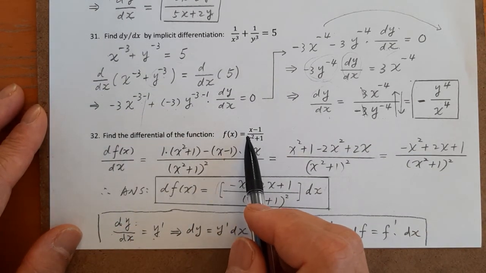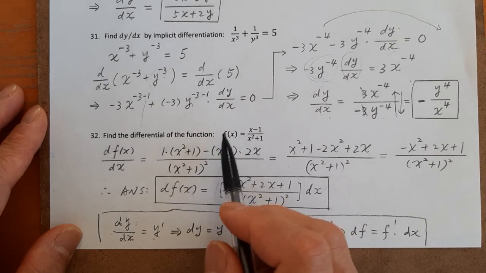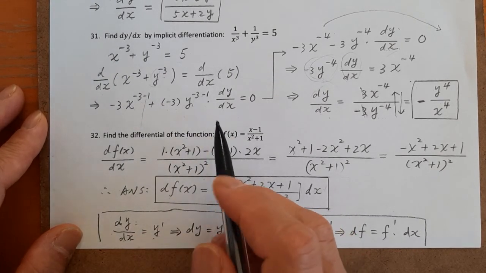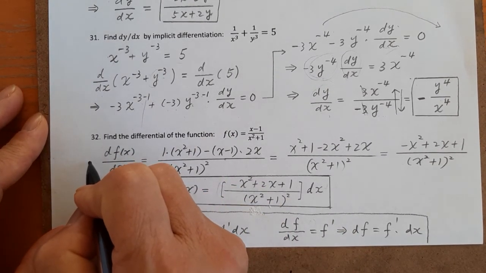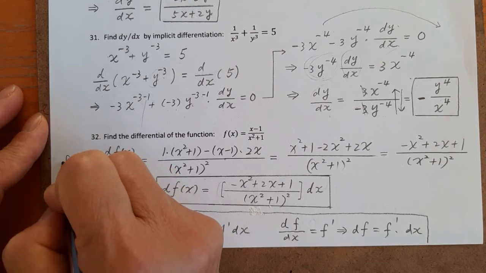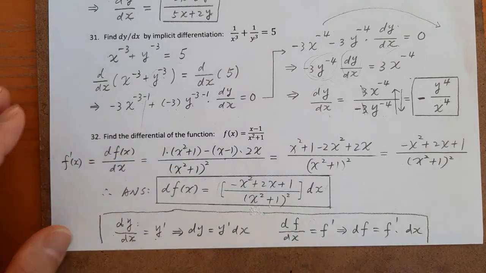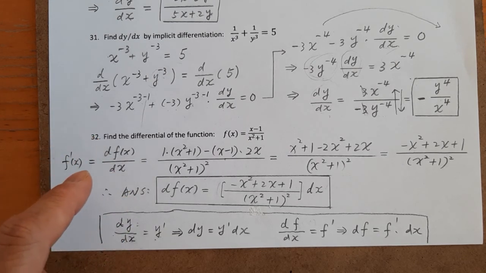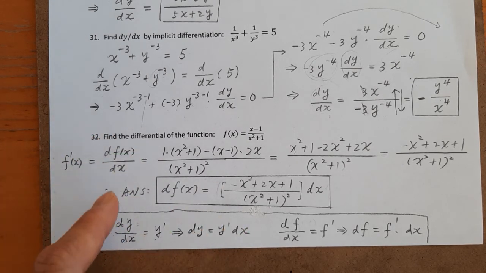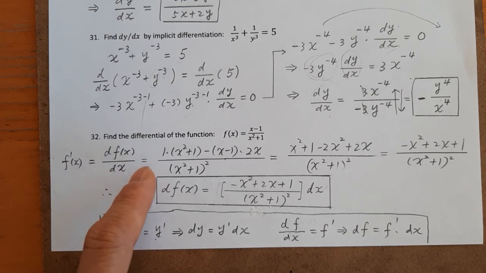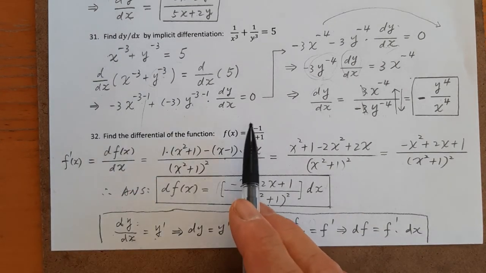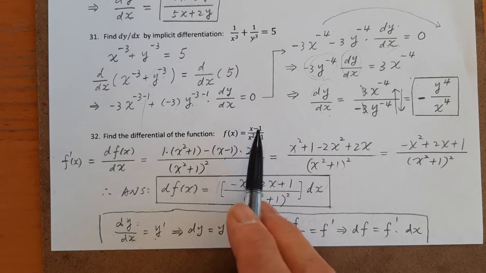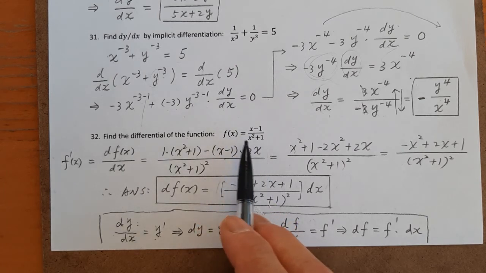So for this function, first of all, take the derivative, f prime. This is f prime of x: d f of x, take the derivative with respect to x. And this uses the quotient rule because it's a quotient.